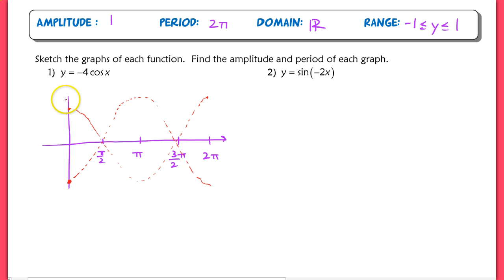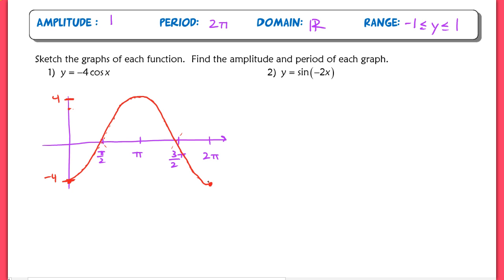But these values here, my max and mins, are really at 4 and -4. Okay, so let me erase my original, and darken this real quick. So this is the new sketch for y equals -4 times the cosine of x.